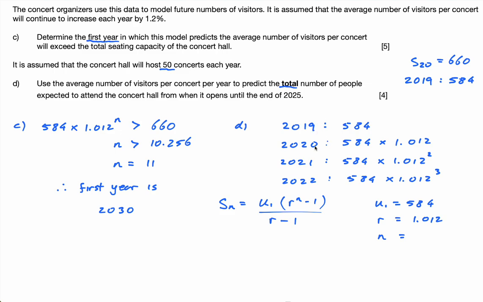This is 1, 2, 3, 4, and then I have 23, 24, and 25. So that's 1, 2, 3, 4, 5, 6, 7. So there are 7 terms, so I'm looking for S7. That's 584 times 1.012 to the power of 7 minus 1, over 1.012 minus 1.